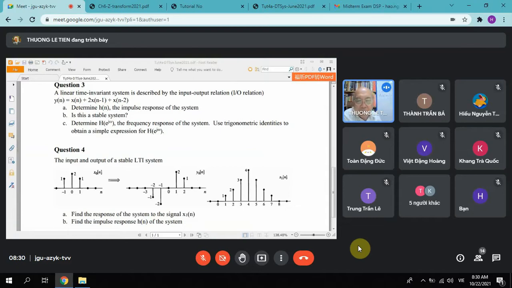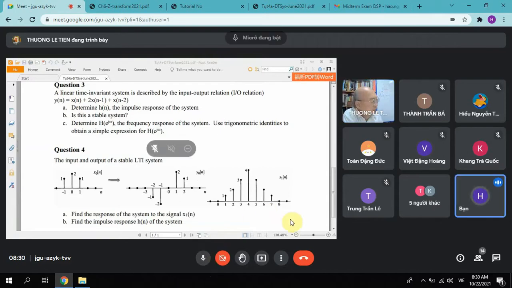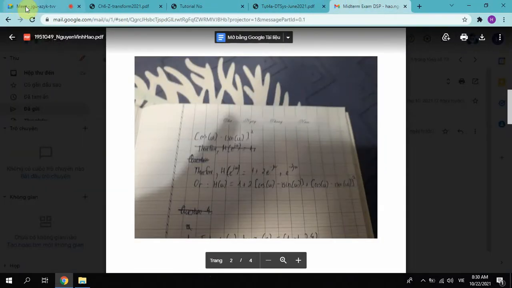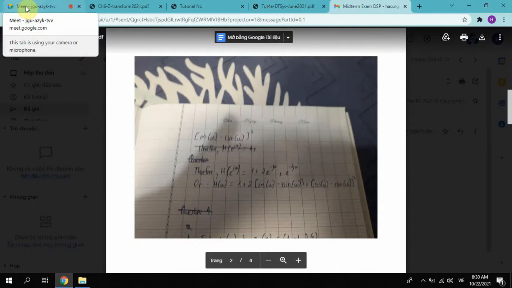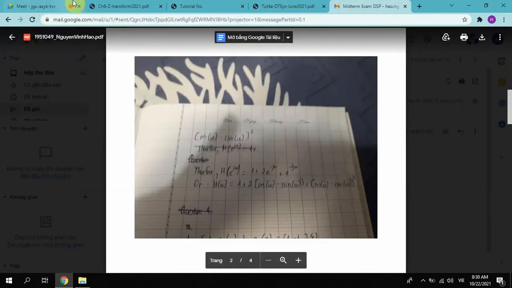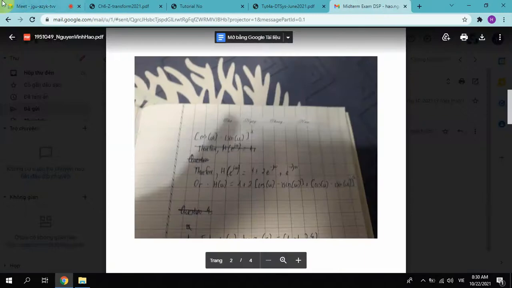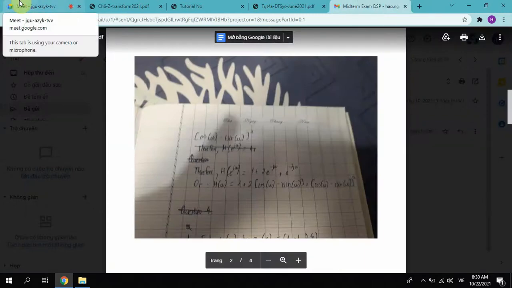Is it a stable system? How? Because we do not have any recursive terms in the impulse response function, so that should be an FIR system or FIR filter. Then definitely it is stable.